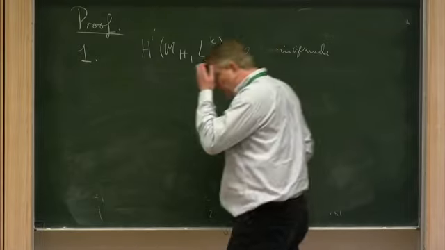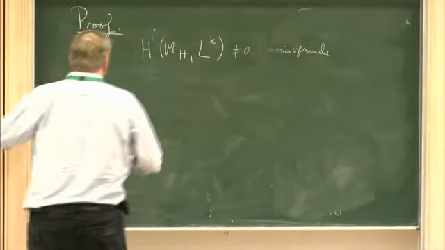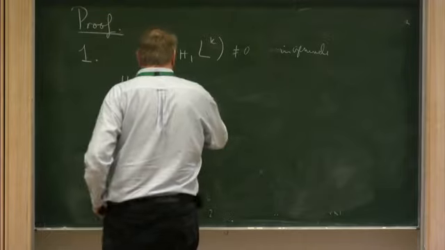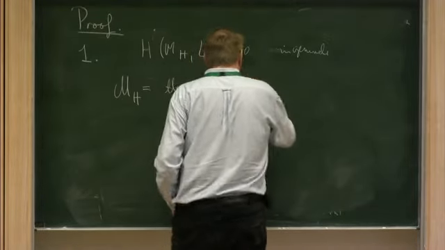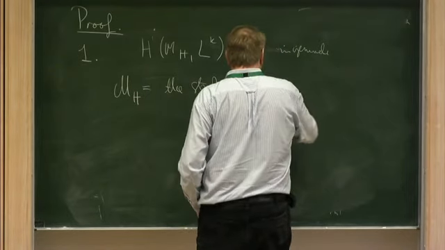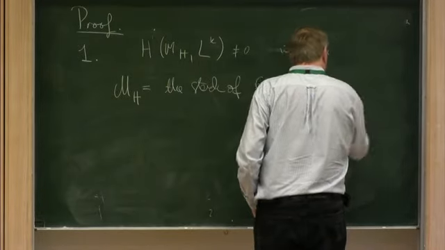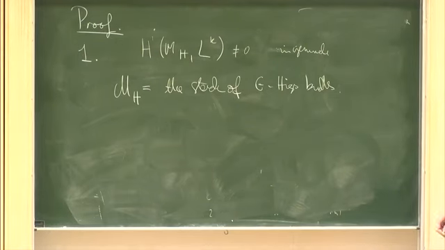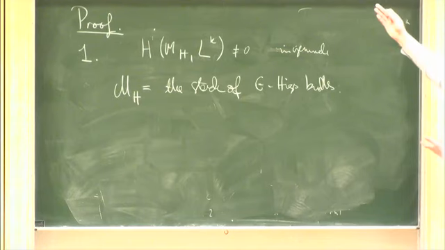However, there is a very important lesson to be learned here, and that is the following: if you instead introduce MH to be the stack of G Higgs bundles. There's a beautiful theory developed about this, that these are really forming nice algebraic stacks. It makes sense to talk about line bundles on these stacks. It makes sense to talk about H0 and everything.